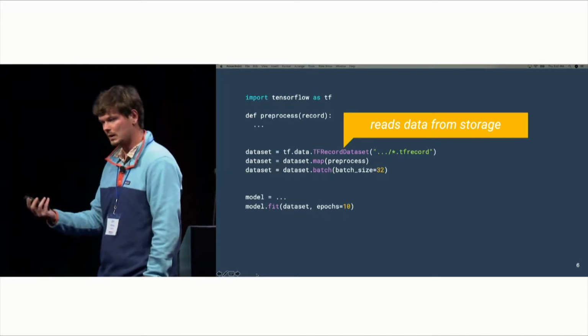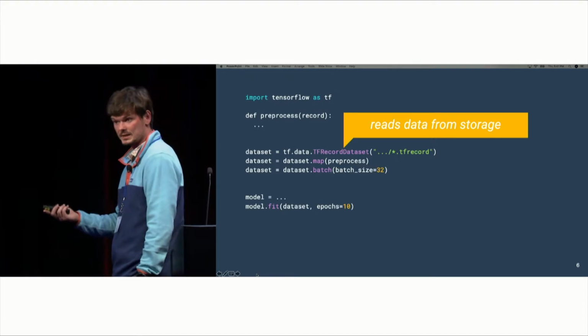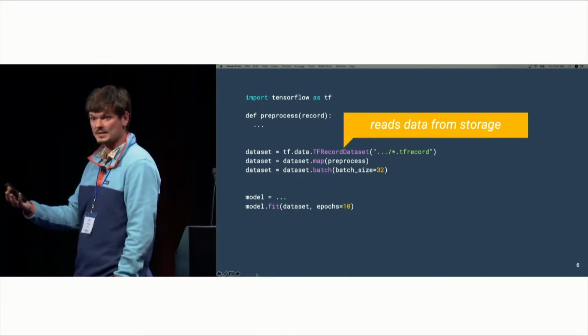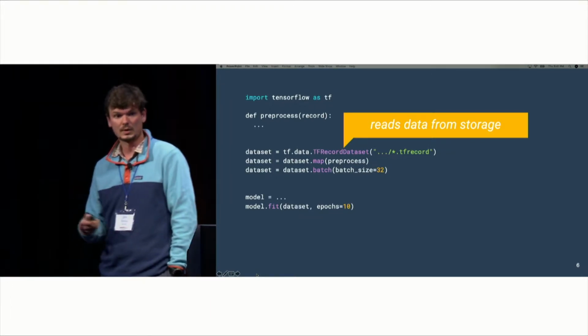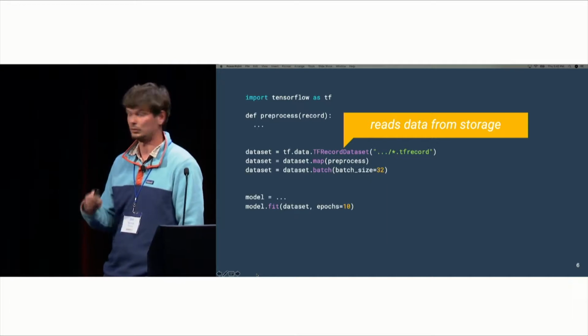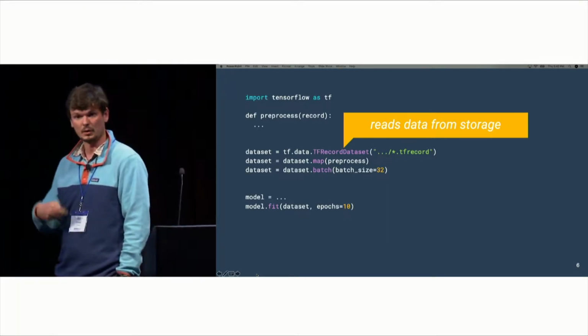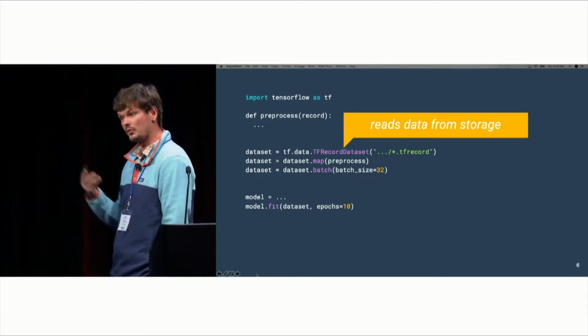Once you create a TF.data source, what you get back is a TF.data dataset, which you can think of as a stream of elements contained in that dataset. And once you have a dataset object, you can apply transformations to the dataset in a functional paradigm, and the transformations give you back a modified dataset.